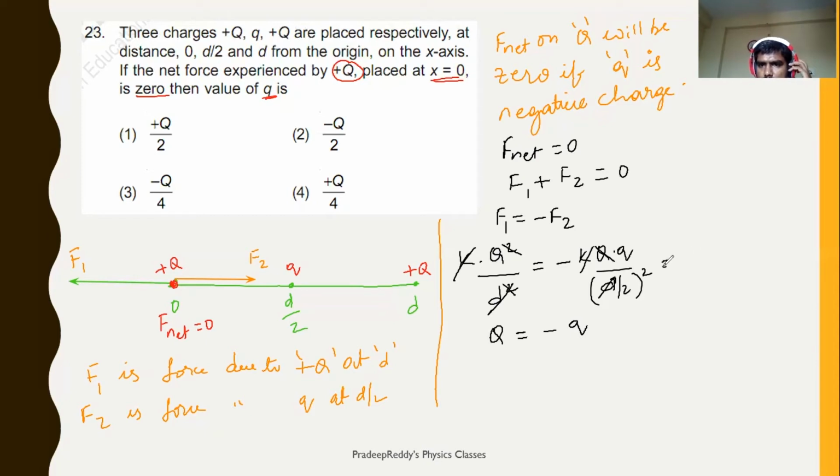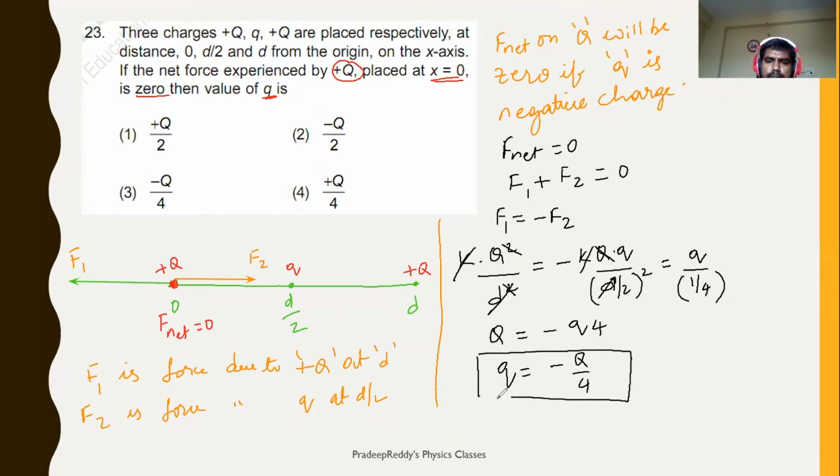It is equal to q divided by 1 by 4. So it will be 4q. So q is equal to minus of capital Q divided by 4. This is the charge. So q is equal to minus Q by 4 is the charge placed at that point, so that net force acting on it will be equal to 0.